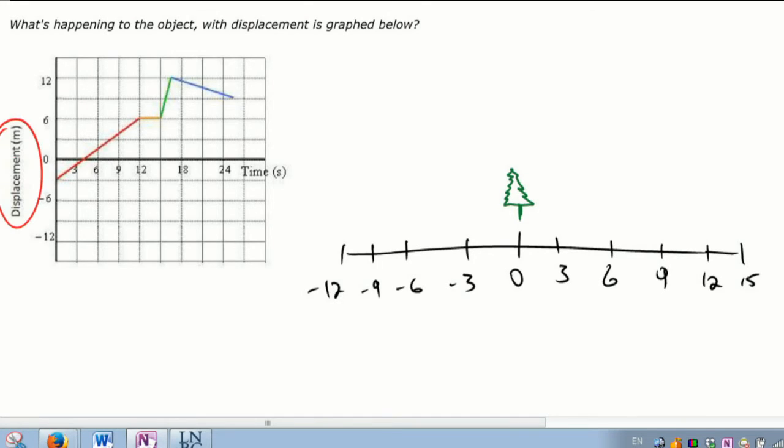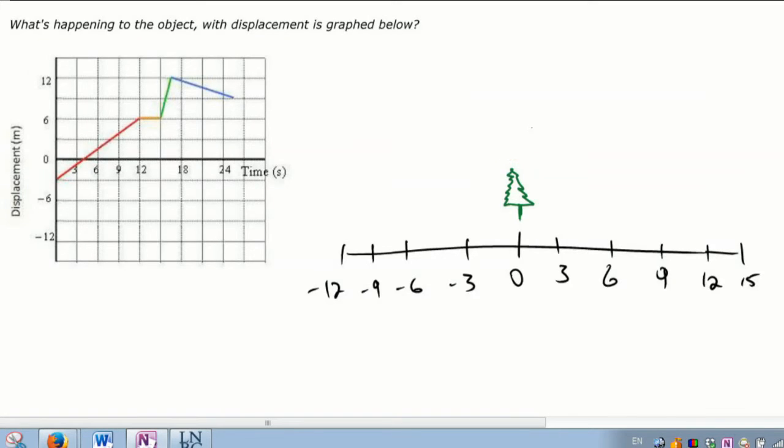This says displacement. I don't have any indication of what displacement means, but I'm going to assume everything to the right is positive. And that's an assumption that I'm willing to make. So 0 seconds is this line here. Where does my object start at 0 seconds? Does it start at 0? Does it start at the tree? Or is something else happening here?